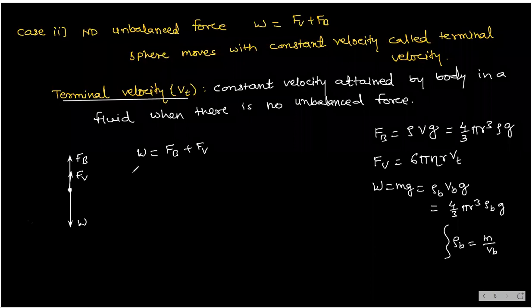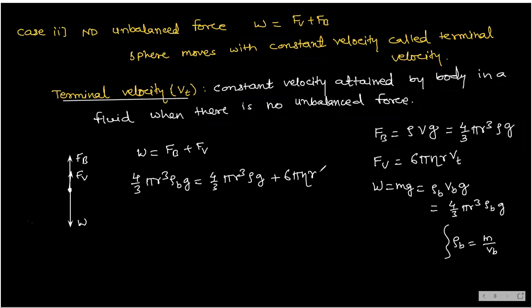Let's substitute all values. In place of W, 4 by 3 pi r cube rho b g is equal to the buoyant force, 4 by 3 pi r cube rho g, plus 6 pi eta r Vt, because we have to find the terminal velocity only.